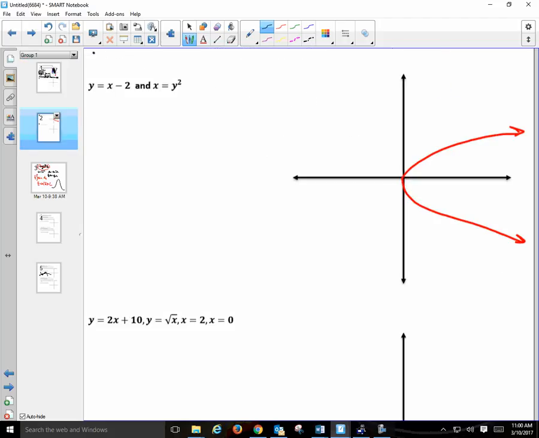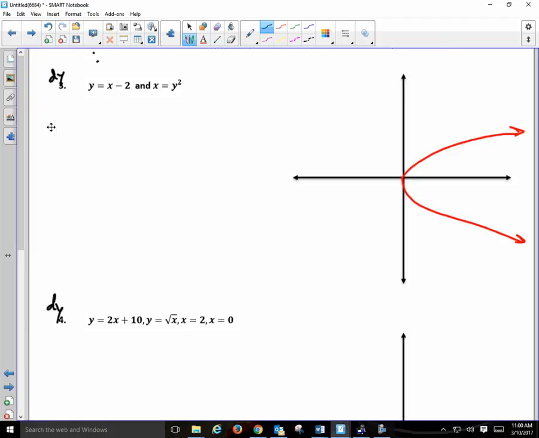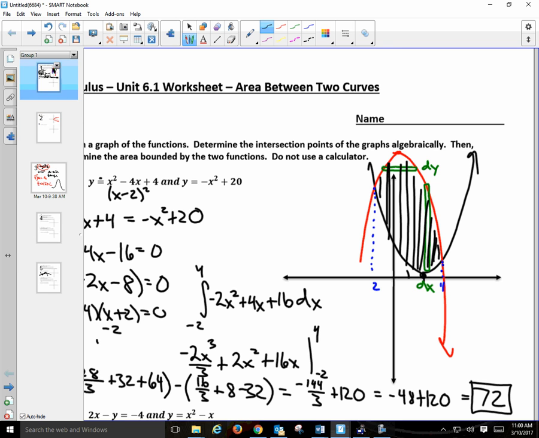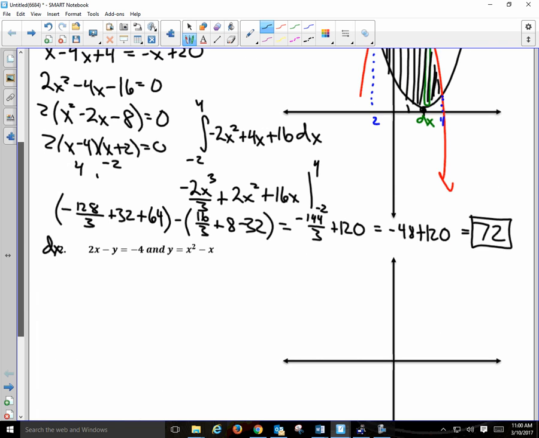Caleb? I have negative 128 and negative 16.